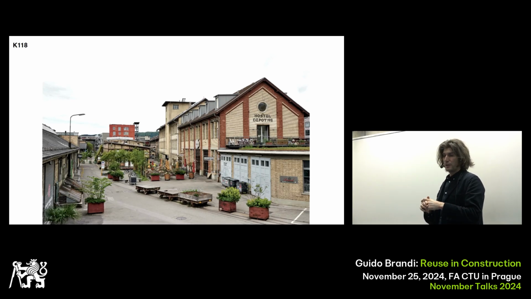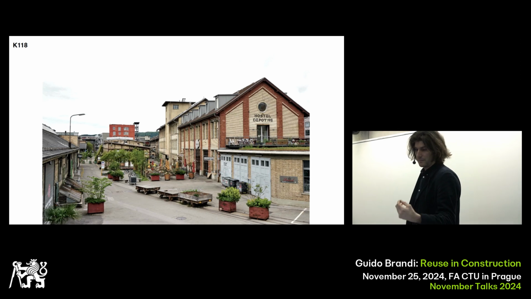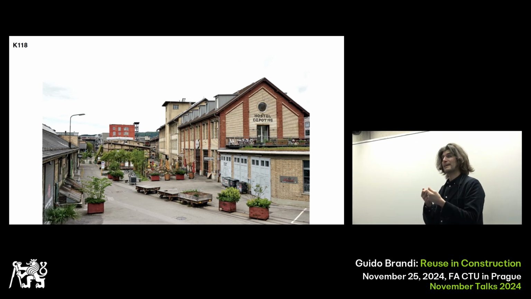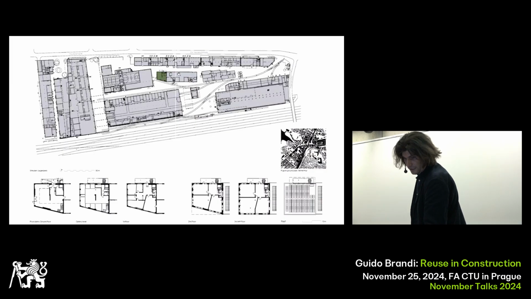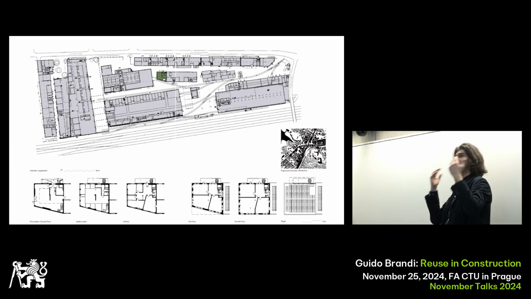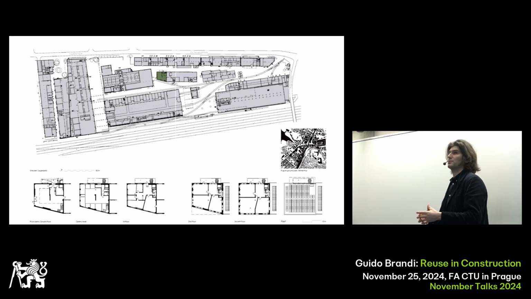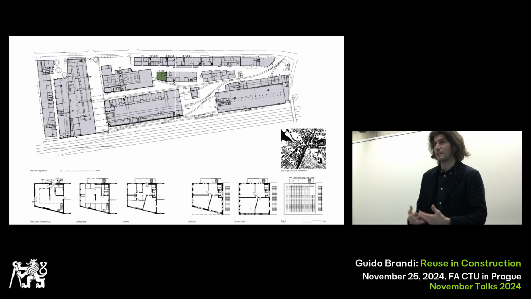And so for them, it was really important to maintain the industrial substance of this place. And they had to develop the K118, this building in the middle of the area. And Barbara Buser came up with the idea to say, okay, let's try to do a real lighthouse project. Let's try to reuse as much as possible every element and to create really something new that no one has seen.